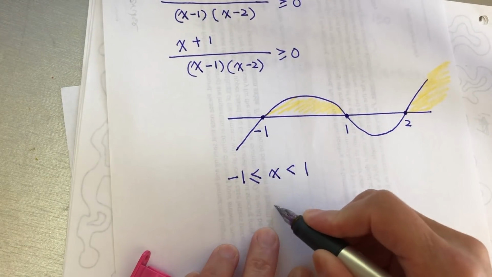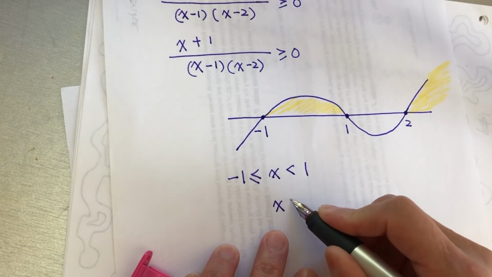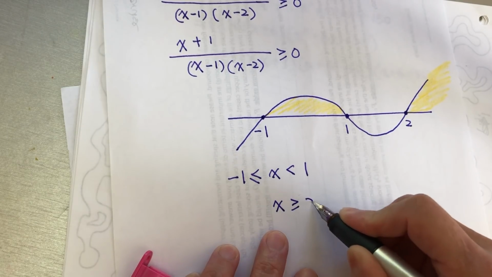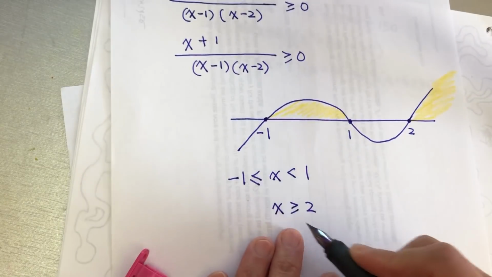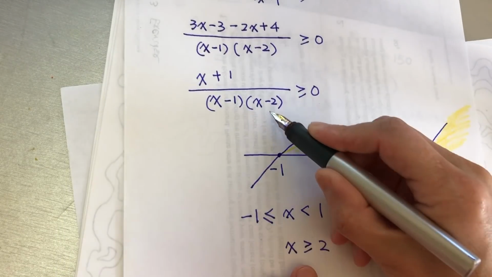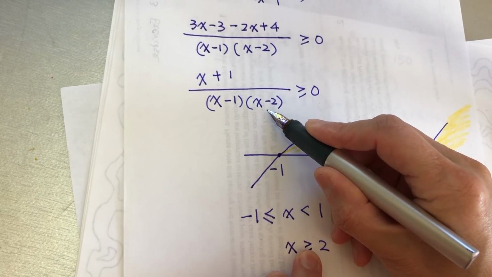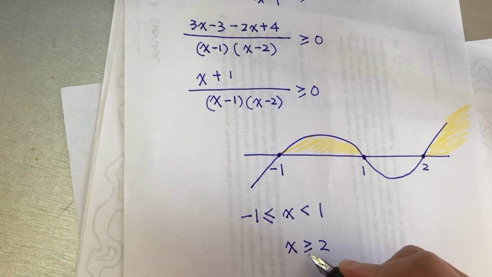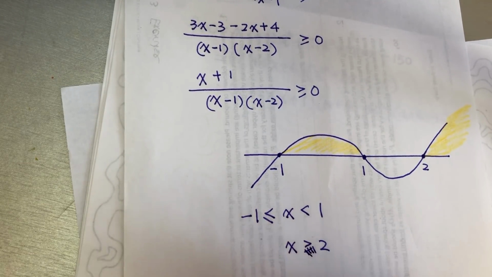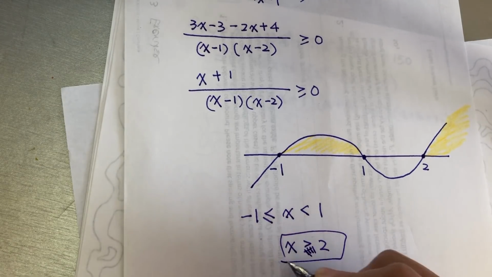And x can be bigger than 2. Here we see an equal sign. Can we put 0 here? No. If x is 0, it becomes 0 on the denominator. So cover it up.